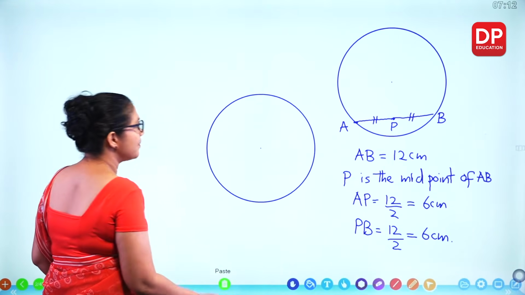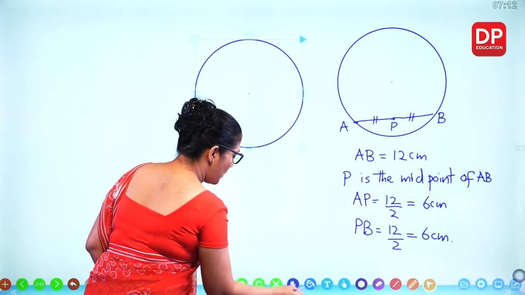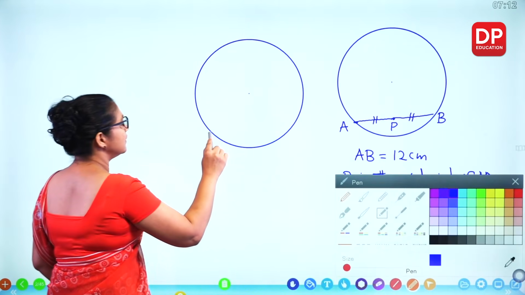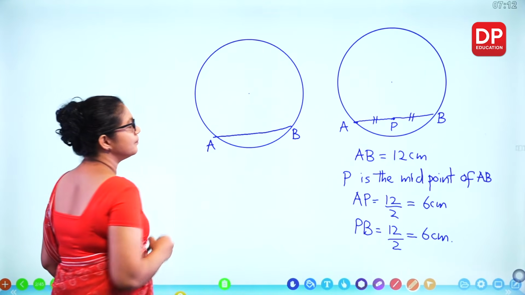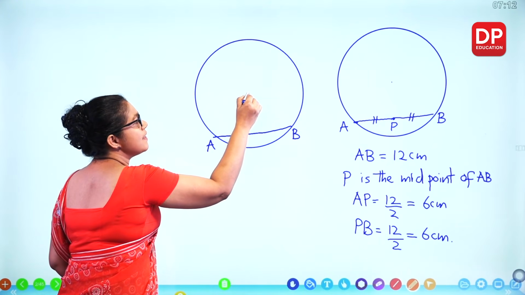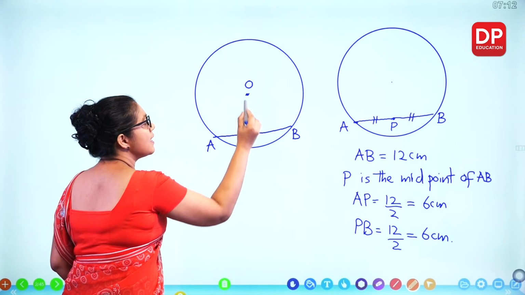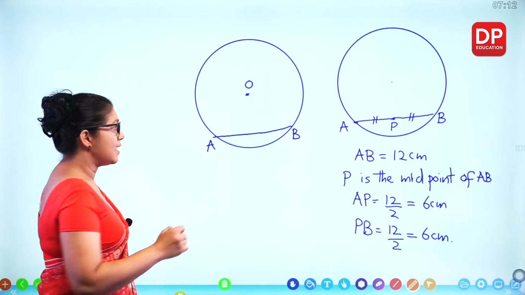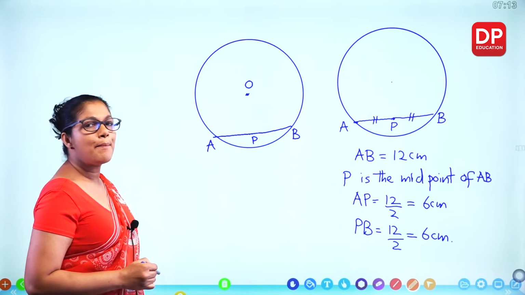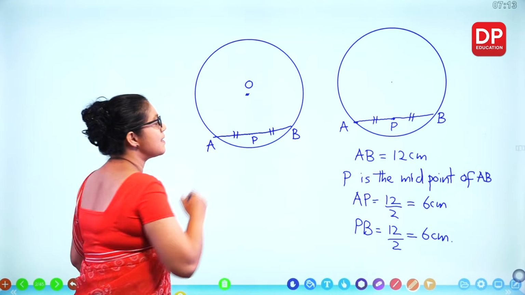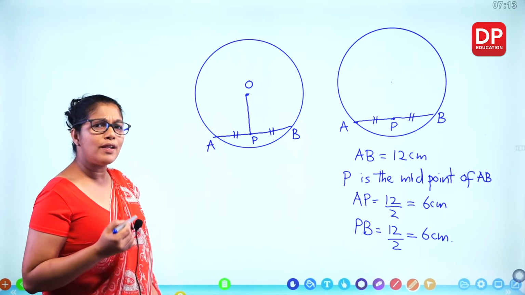Now we'll take another one. Again we'll take any chord AB. Here, if this is the center, we'll take it as O. I want to connect this center with the midpoint of this chord AB. So, P is the midpoint. So, what do you call this line?